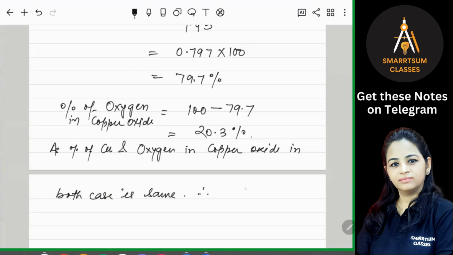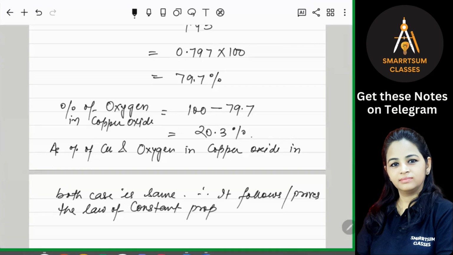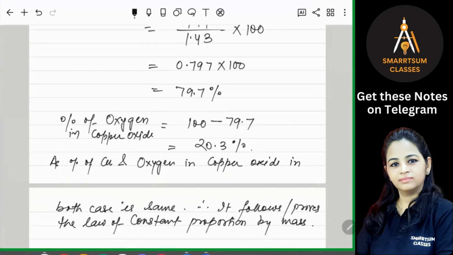Therefore, it follows, or it proves, the law of constant proportion by mass. In this way, we have proved that yes, they are following this law, and that the proportion by mass will remain the same. So I hope now you're getting this.